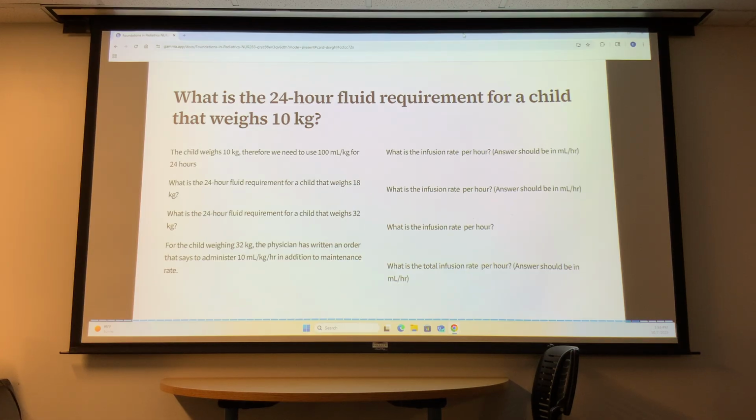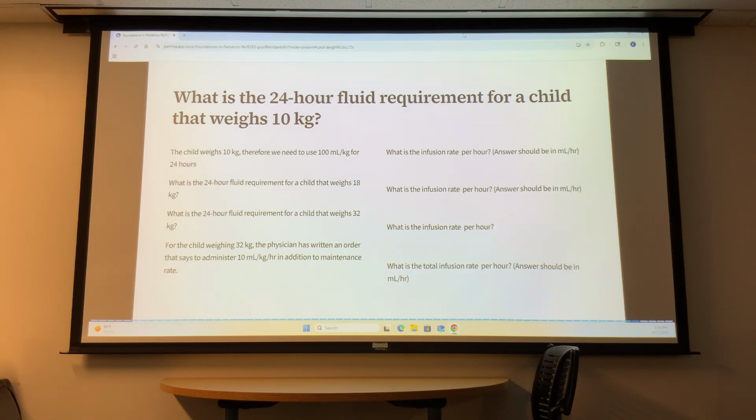In addition to their maintenance rate, so we now have 392.5. Can you program this into the pump? What does it have to change to? 393. So their new rate is going to be 393 mLs per hour.